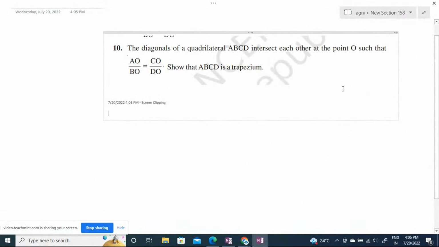Now the last question. The diagonals of the quadrilateral ABCD.